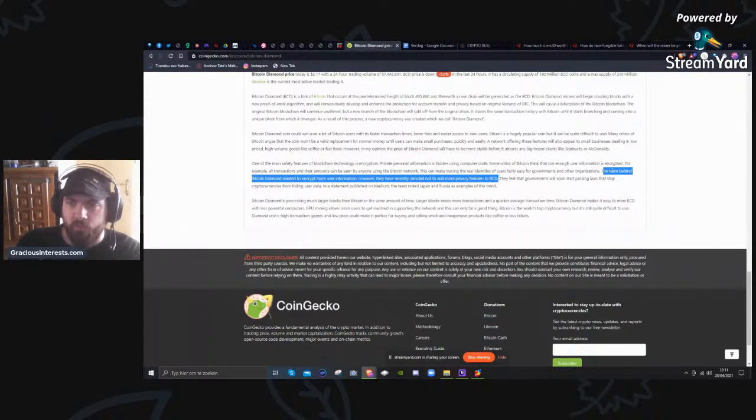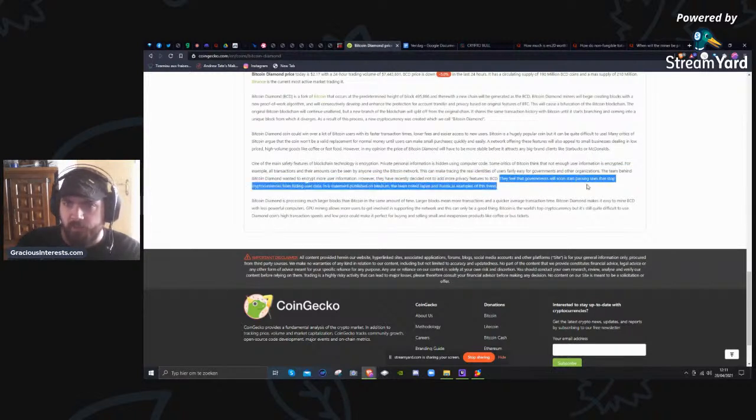BTCD. So they said we want to develop more, but we're not going to do it. That's basically where it boils down to. They feel that governments will soon start passing laws that stop cryptocurrencies from hiding user data. In a statement published on Medium, the team noted Japan and Russia as examples of this trend. Where it concerns that part, if you are working on chain, your data and ID are non-existent.